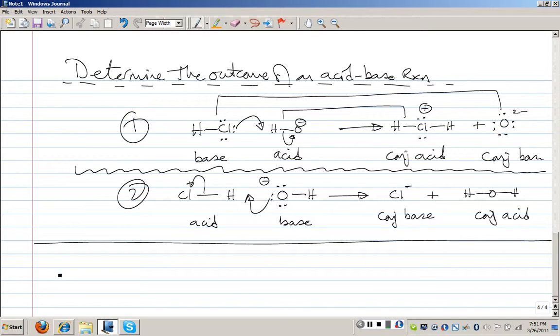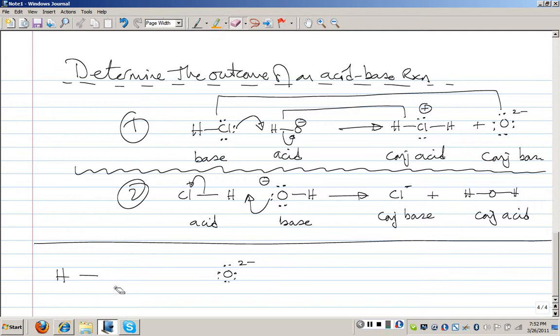Well, let's see. HCl has 3 lone pairs of electrons on a chlorine. Oxygen has 4 lone pairs of electrons on an oxygen, and there's a 2 minus charge. So what's the difference? Cl is a big atom.